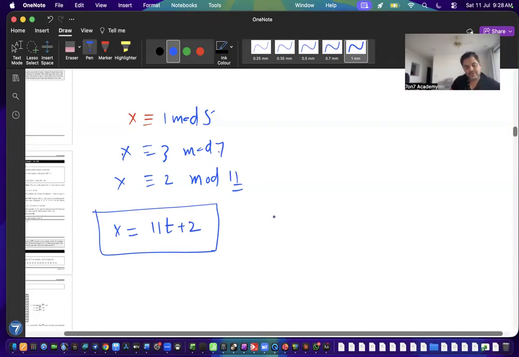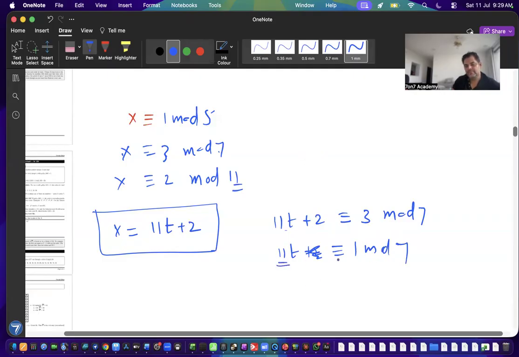If I replace it here, I get 11t plus 2 is congruent to 3 mod 7. Now my aim is to simplify these numbers and get t as the subject. So 11t plus 2 is congruent to 3 mod 7; subtracting 2, 11t is congruent to 1 mod 7. Agree?